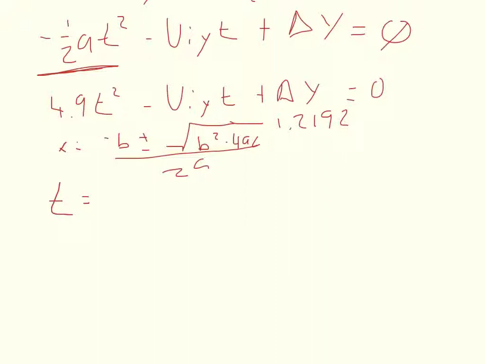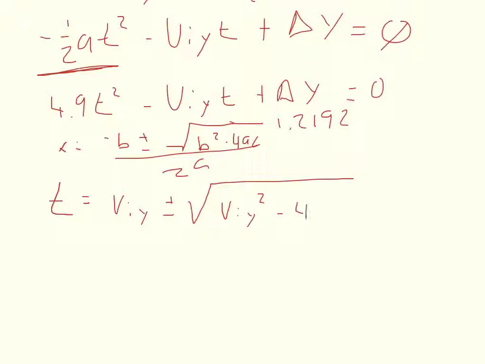Our b value is negative v initial y, so negative of negative v initial y is positive v initial y, plus or minus the square root of negative v initial y squared. When you square a negative, you get a positive number, so we can just put v initial y squared minus 4ac.